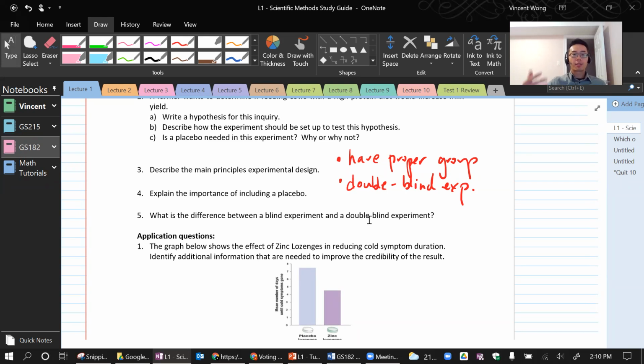And so in a double-blind experiment, I don't know what I'm giving and they don't know what they're receiving, and it's considered as the gold standard. Okay, it's only after the data has been collected, then you can cross-match the data with like a decoding sheet almost to figure out who got what, and then you can evaluate it objectively.